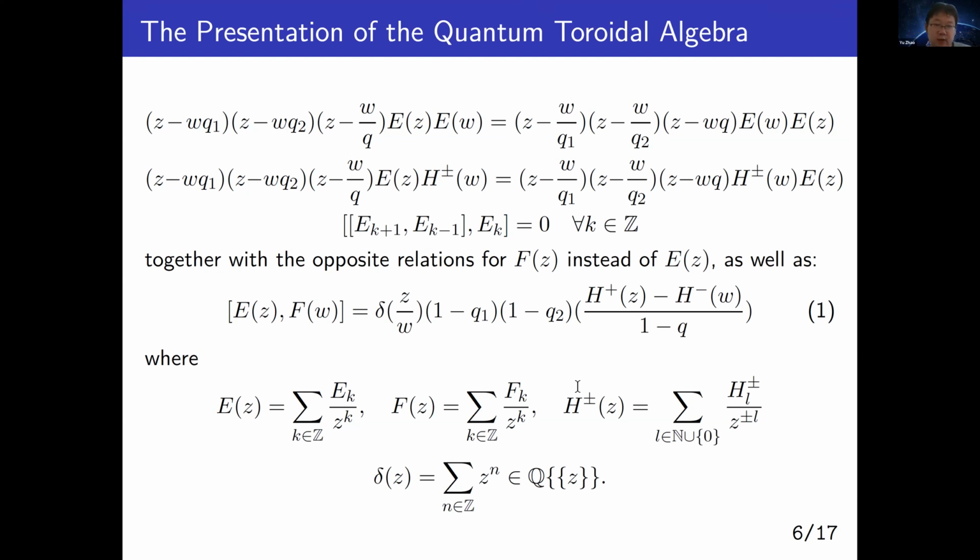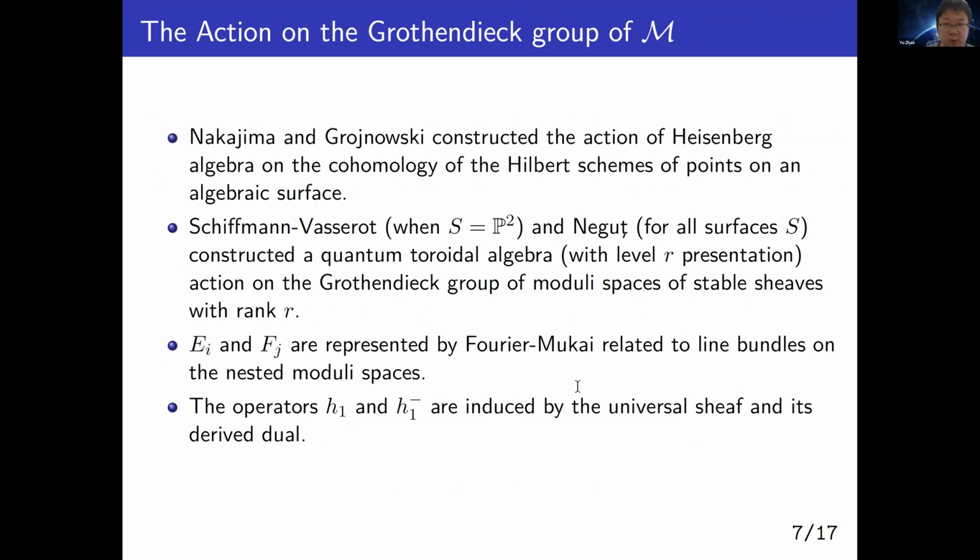So if we can lift this to the level of derived categories, we finish a weak categorification of this algebra action. So that's what I want to show today. Any more questions?